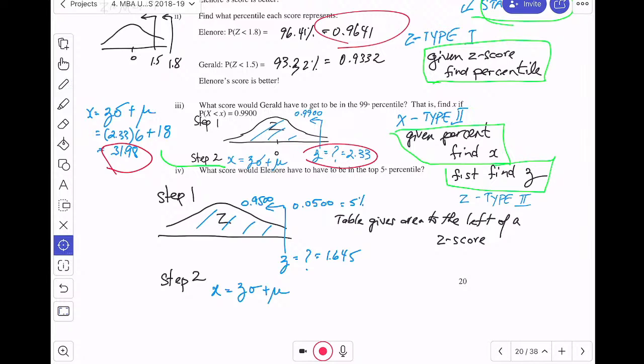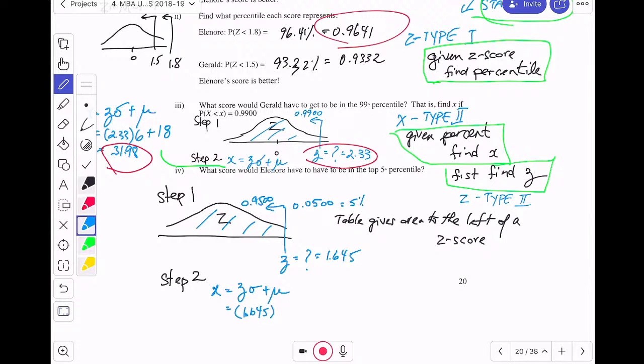So x is z standard deviations from the mean for Eleanor's group, right? So z is 1.645.